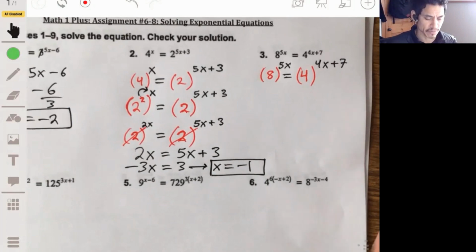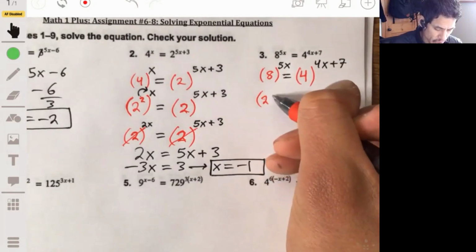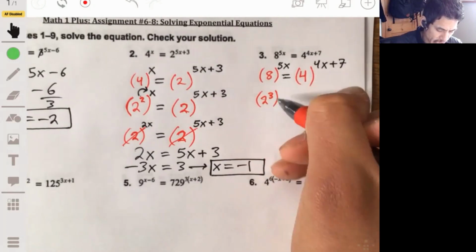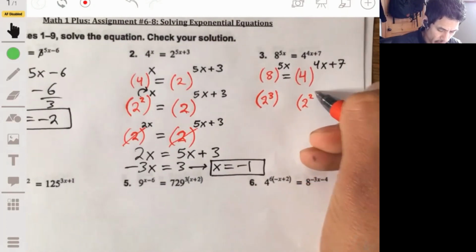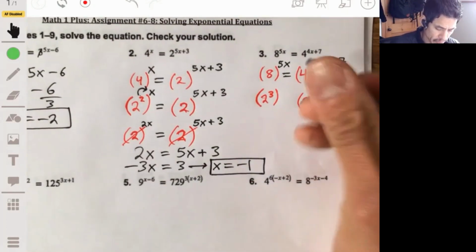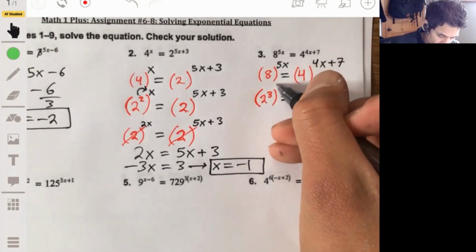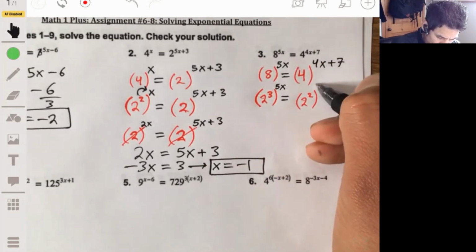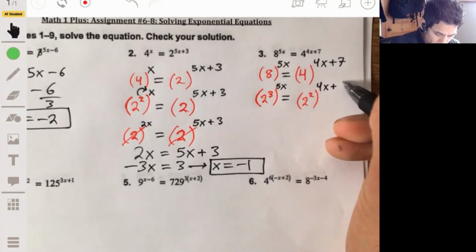Don't expect to get decimals. It's going to be 2, because we know that 2 to the 3 is 8, and 2 to the 2 is 4. So we replace those with 2 to the 3 and 2 to the 2, but keep that all inside the parentheses.